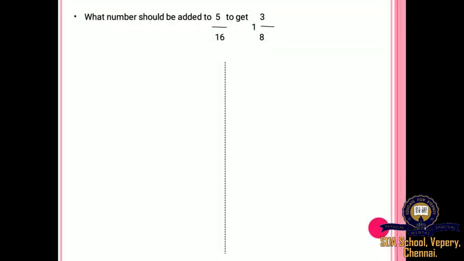What number should be added to 5 by 16 to get 1, 3 by 8? So let us take the number to be x. 5 by 16 plus x is equal to 1, 3 by 8. So we need to keep x on one side and bring 5 by 16 to the other side, and we need to convert the mixed fraction into an improper fraction.